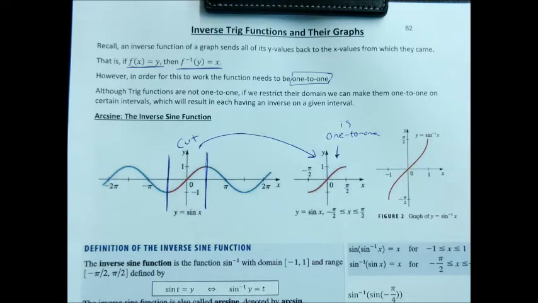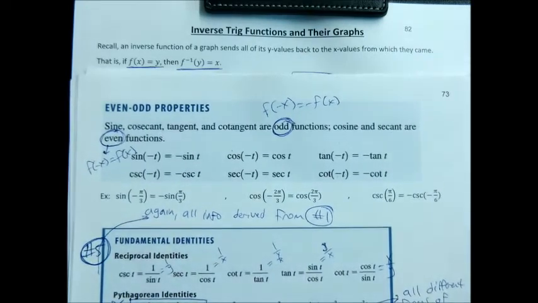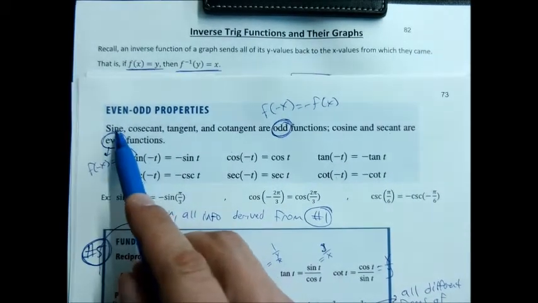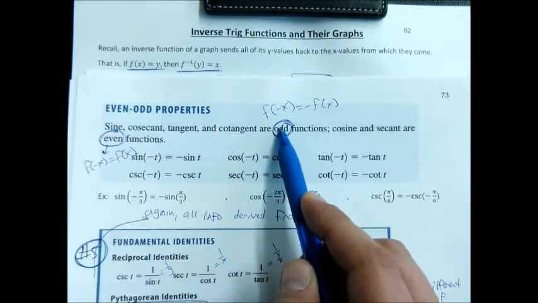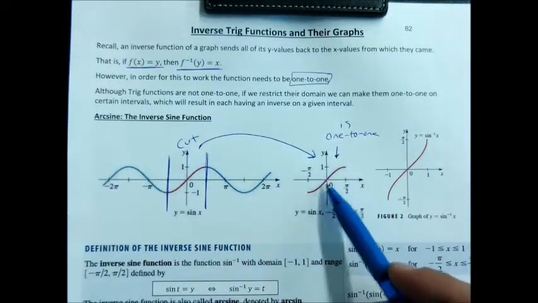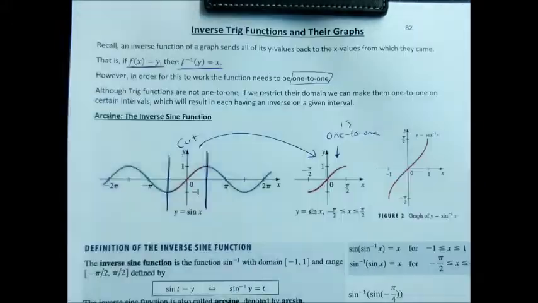Here it is. On page 73, if you notice, we said that sine, cosecant, tangent, and cotangent are odd. So you're absolutely right, this is an odd function. And some of the other ones, secant and cosine, those are the even ones. Yeah, that's a good point.